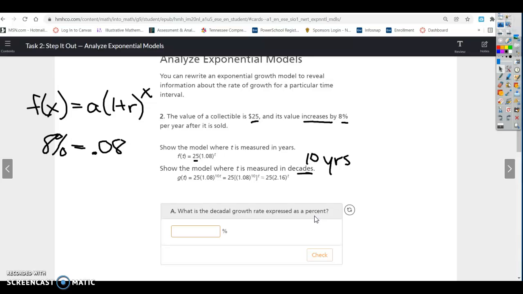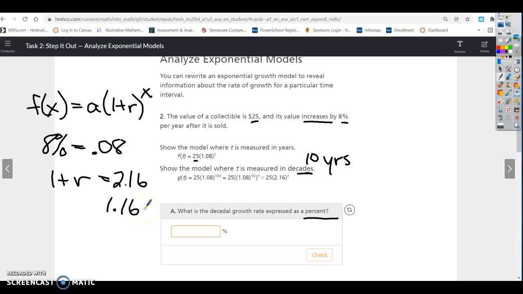So we know that it starts with 1 plus your interest rate, so 1 plus r equals 2.16, and so we have to subtract 1 from that. So it's 1.16 when we subtract 1, and this is written as a decimal, and it says what is this as a percent?